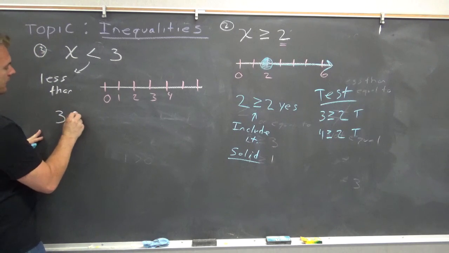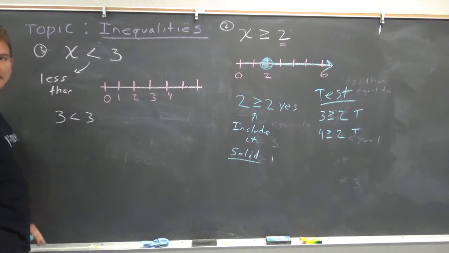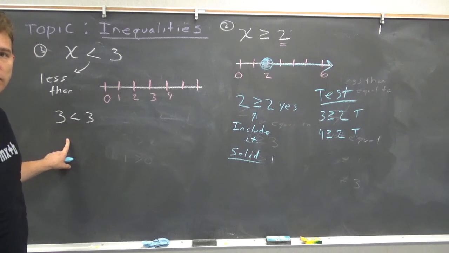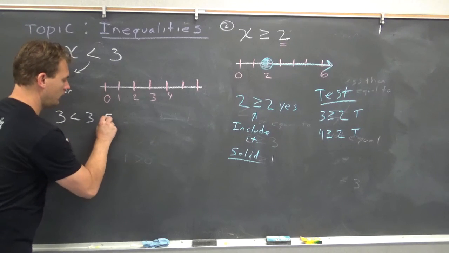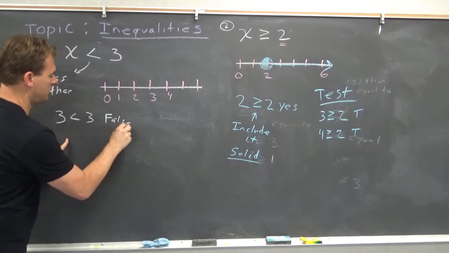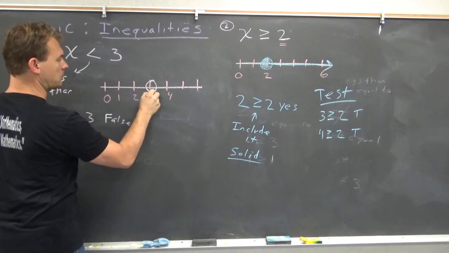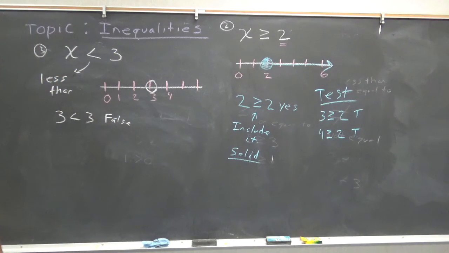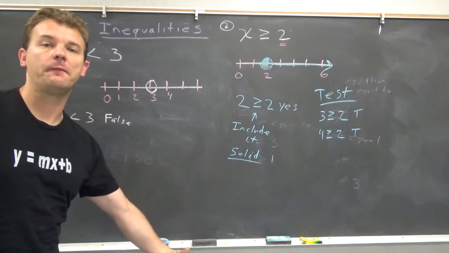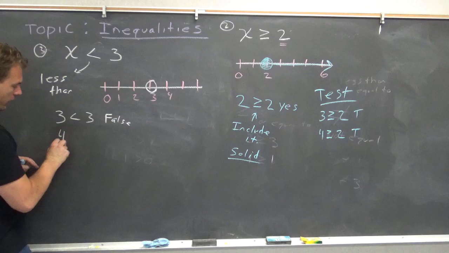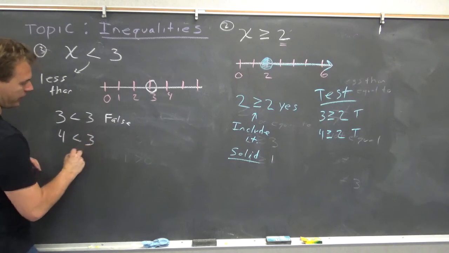Is 3 less than 3? No. So there's your false. So at 3, you're going to put an open circle, because you can't include 3. Well, let's do some more tests. Is 4 less than 3?